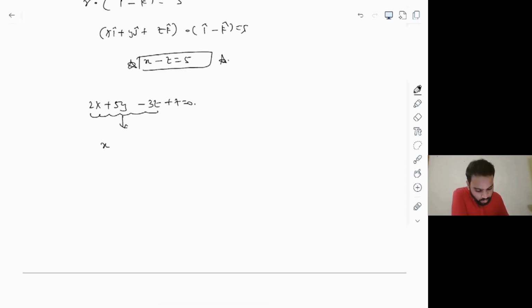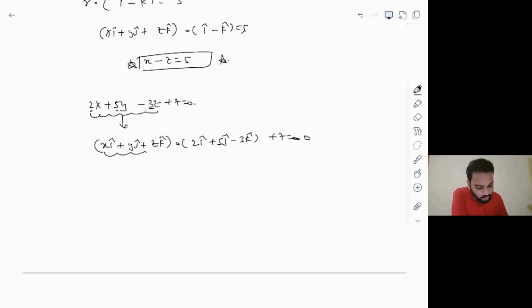Obviously, I can write this as (xi cap plus yj cap plus zk cap) dot product with the coefficients of x, y, z, which are nothing but the coefficients of i, j, k here. So that gives (2i cap plus 5j cap minus 3k cap) and plus 7 is equal to 0.